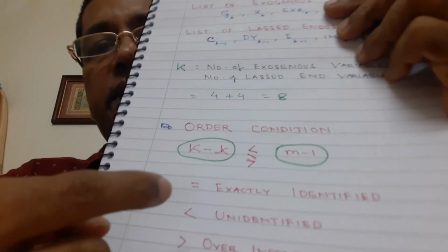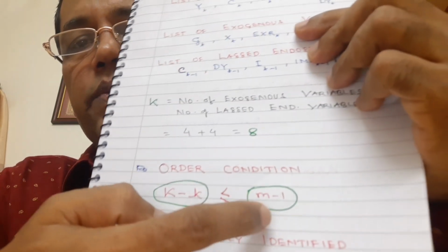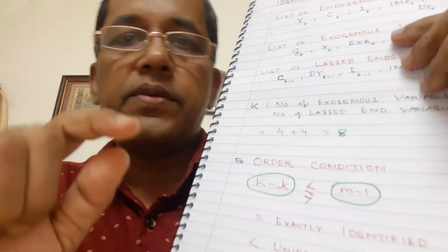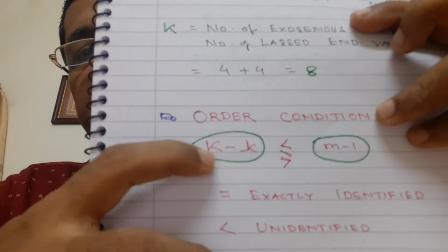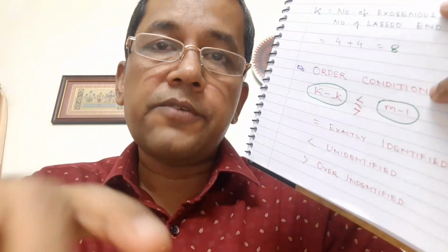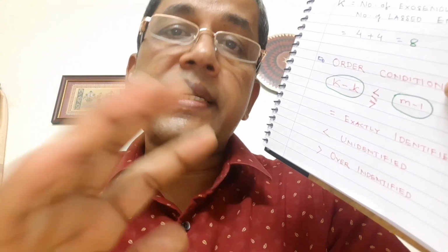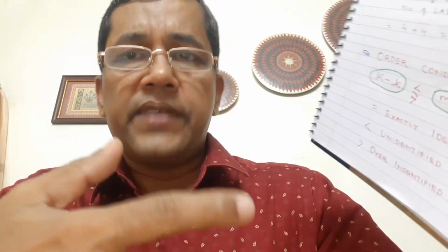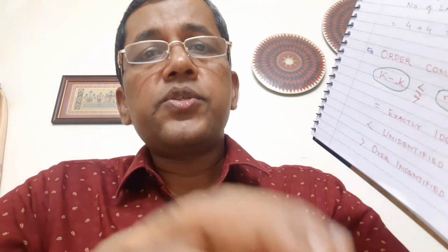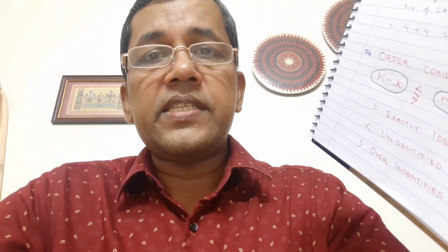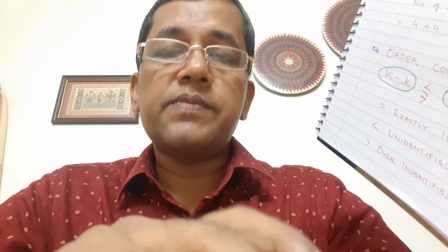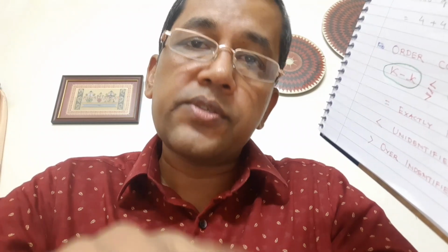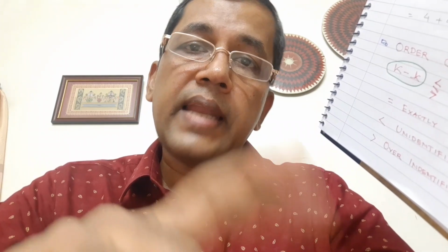Okay, and if you remember, our order condition is we are comparing capital K minus small k with m minus 1 for the particular equation for which we are checking whether that equation is identified or not. Here capital K is the total number of predetermined variables in the entire system of equations. So we have basically 5 equations, 2 identities. So in all these equations and identities, the total number of predetermined variables, which is basically the sum of the total number of exogenous variables and the total number of lagged endogenous variables.